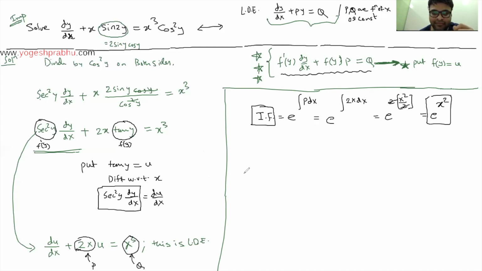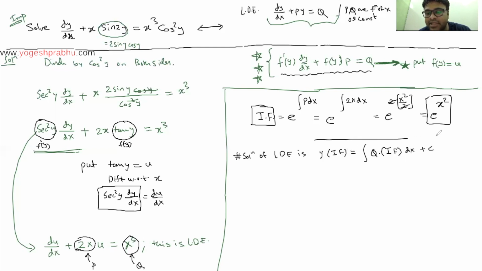Now, once you find the integrating factor, the next thing we will do is write down the solution. The solution of a linear differential equation is y into IF equals integration of q into IF dx plus c.